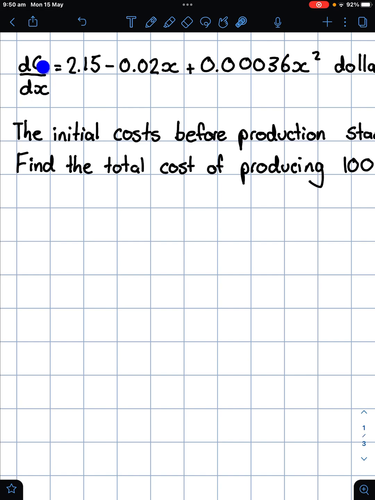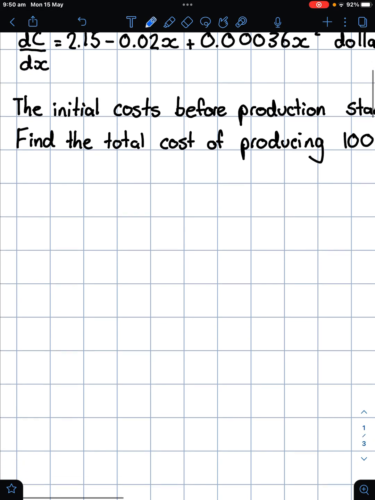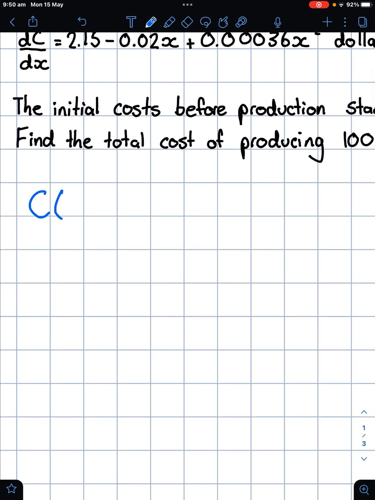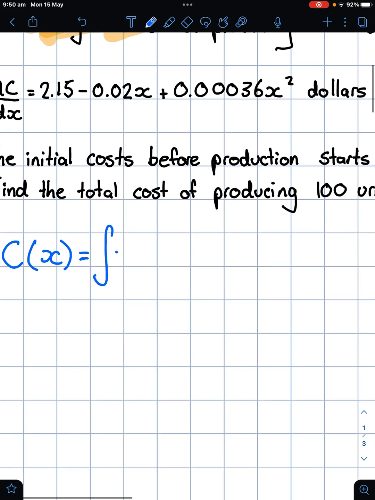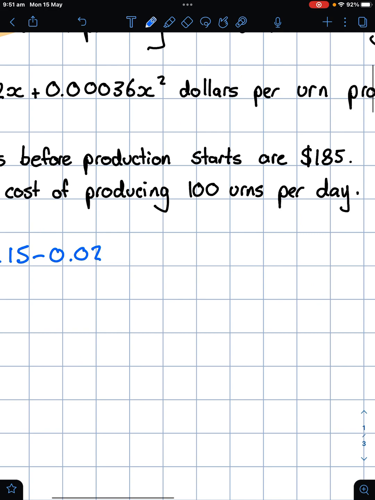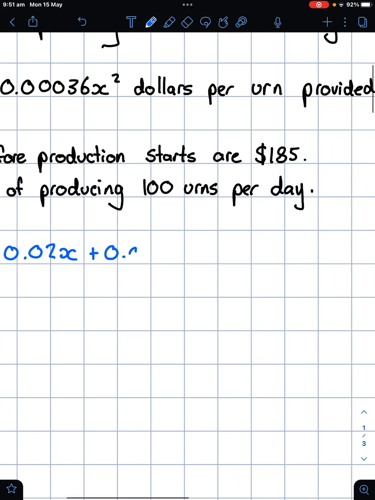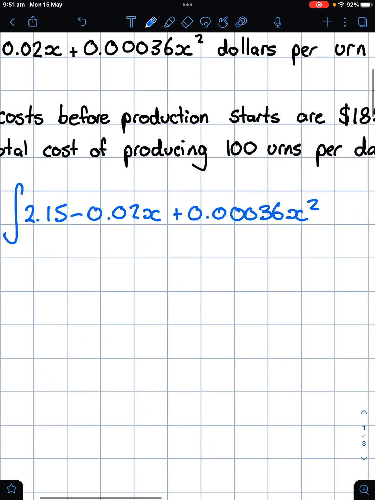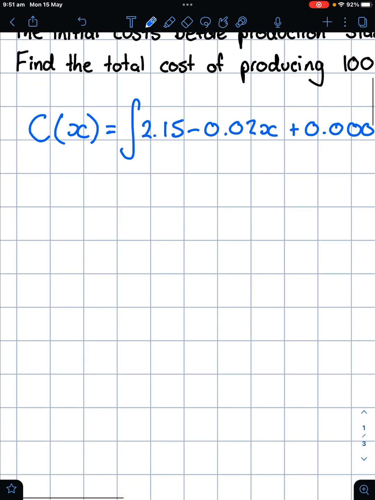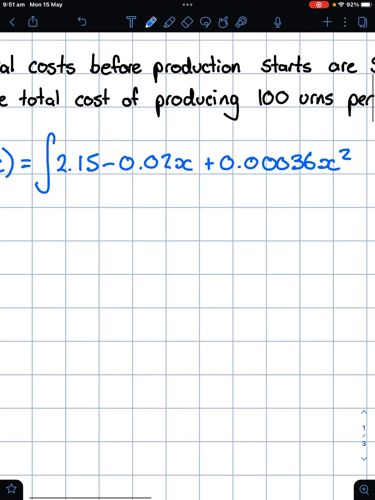So C has an input value of X. We've got this cost function of X, and it should equal the integral of 2.15 minus 0.02 X plus 0.0036 X squared. All right, and we do the integral of this with respect to X, dx.